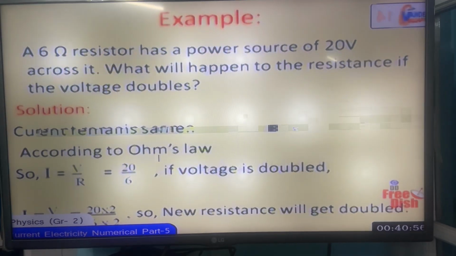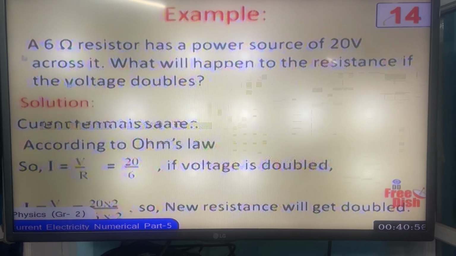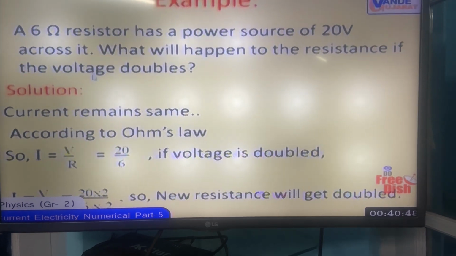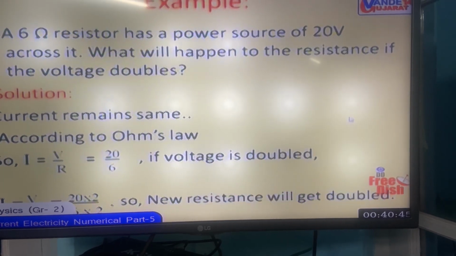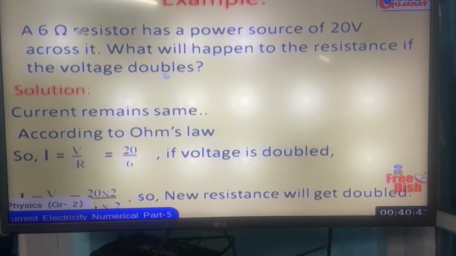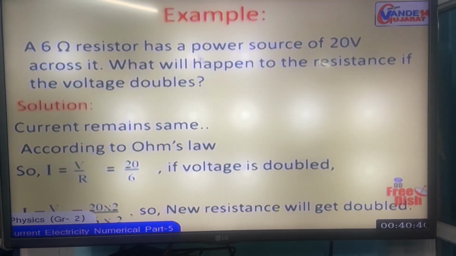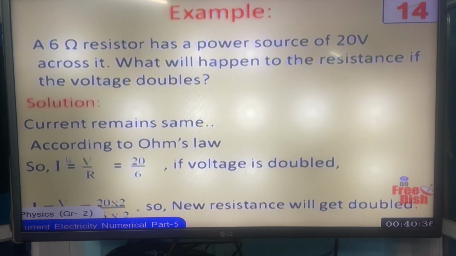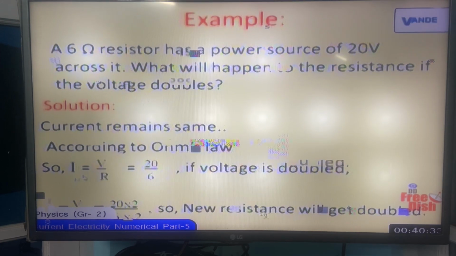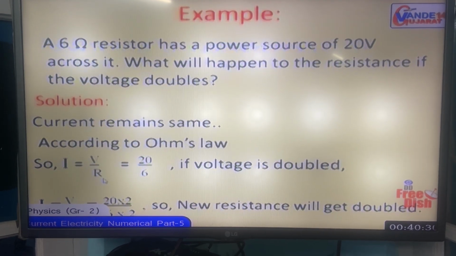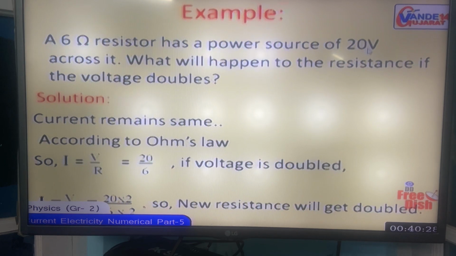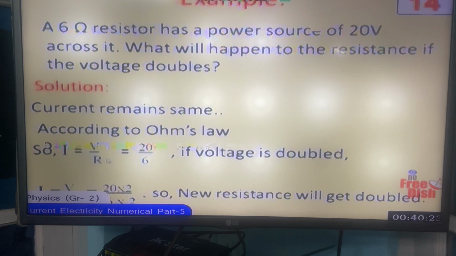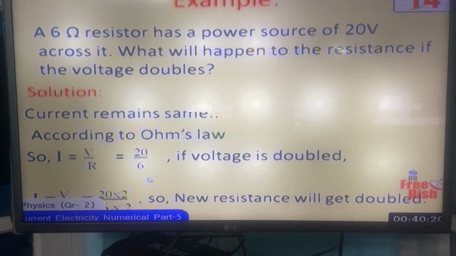Now another example. A 6 ohm resistor has a power supply of 20 volt across it. What will happen to the resistance if the voltage doubles? See, current remains the same, only voltage doubles. So first of all, I is equal to V upon R. V is given as 20, resistor is 6 ohm, so I equals 20 by 6.